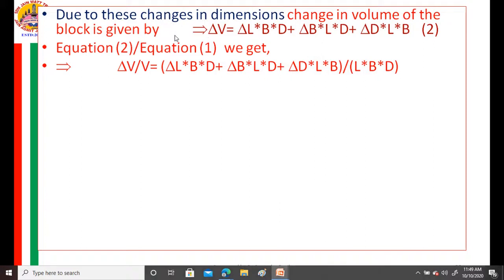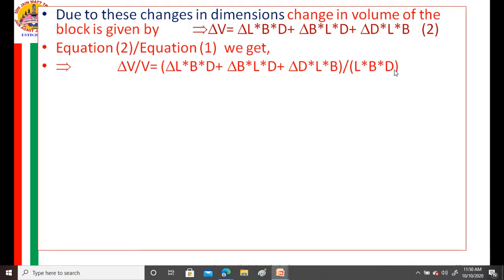Del V by V is equal to del L BD plus del B LD plus del D LB, divided by V, where I am dividing by LBD. Now go for the individual terms. Del L BD divided by LBD: BD will cancel. What is left is del L divided by L.